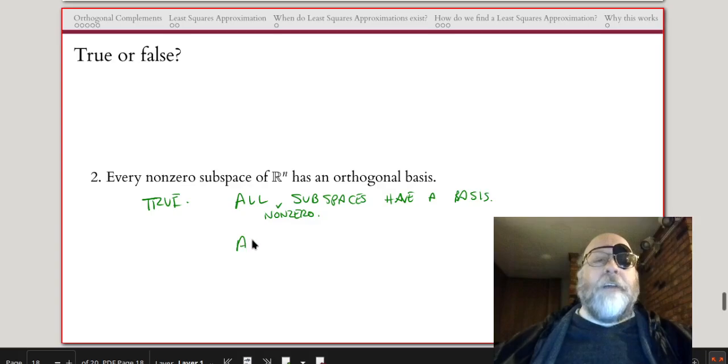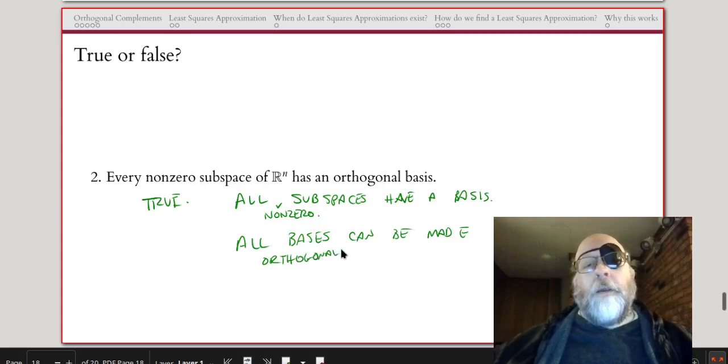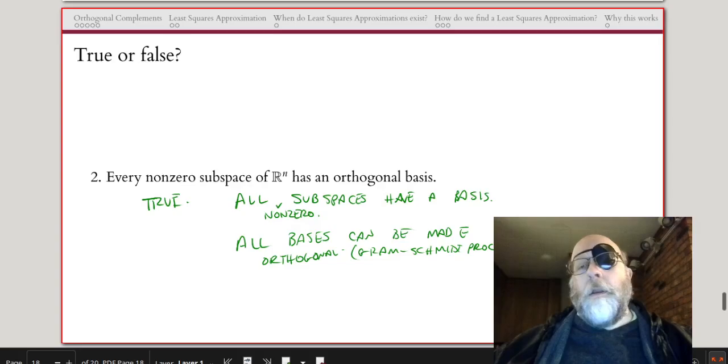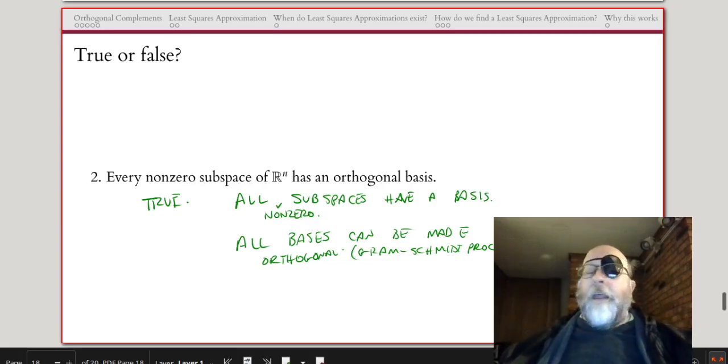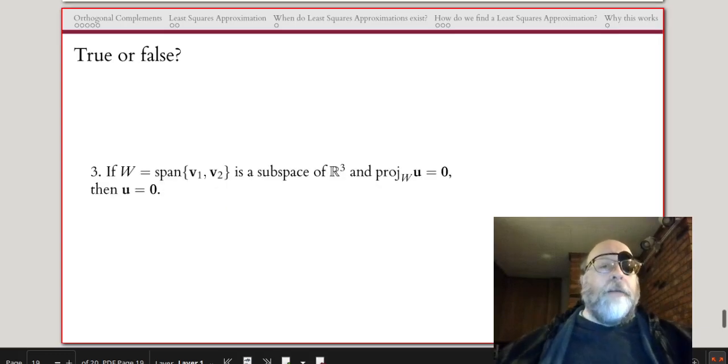And all bases can be made orthogonal, using what we called last time the Gram-Schmidt process. So you combine these together, every non-zero subspace has an orthogonal basis. All right.